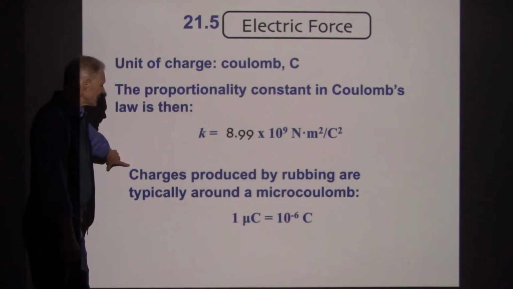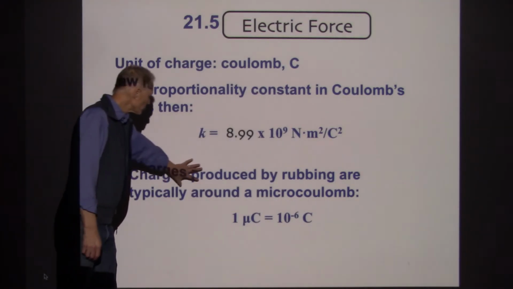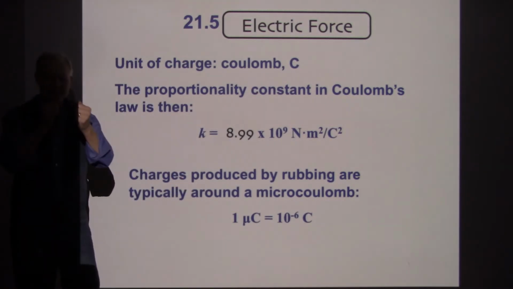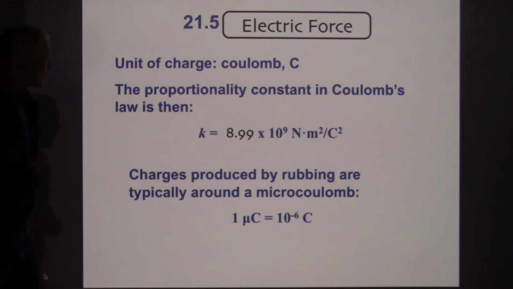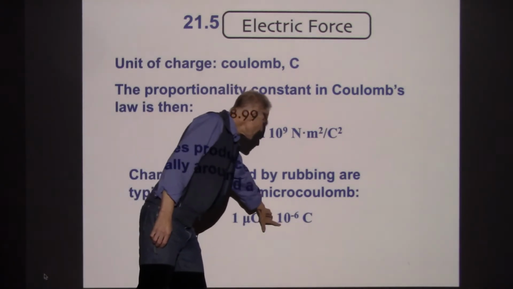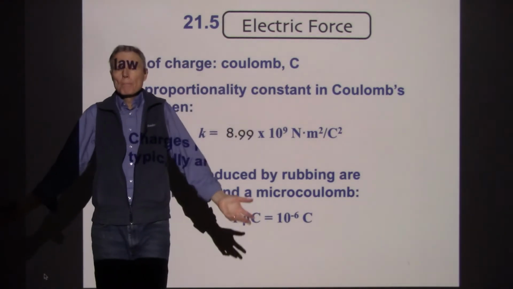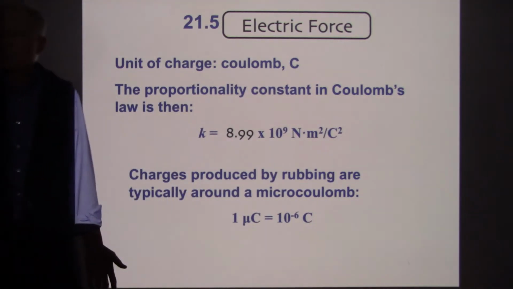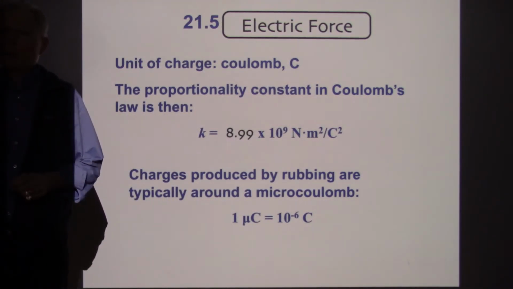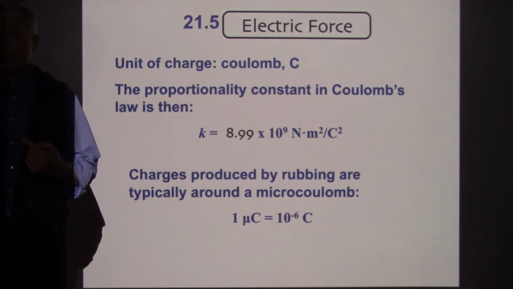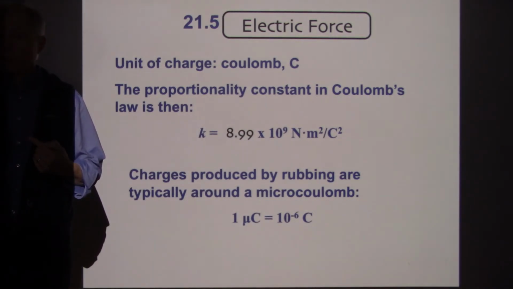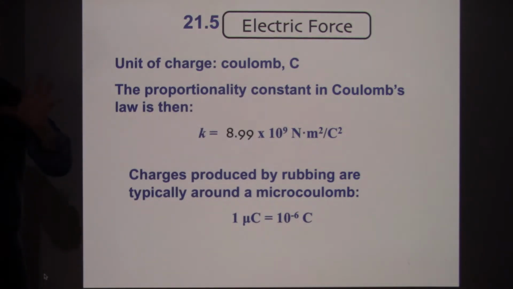Now what it says is that everyday kinds of charges that we produce, just by, say, rubbing objects together, tend not to be any bigger than maybe a millionth of a coulomb. Coulombs were defined in terms of electric circuits. If I have an electric circuit, we can have quite a lot of charge moving around in it, but the circuit itself doesn't become positively or negatively charged.